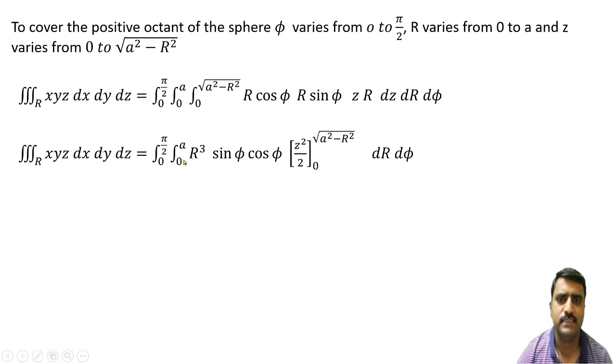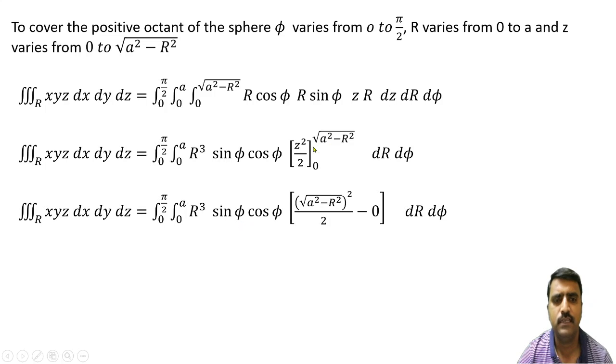Next step, you have to evaluate this integral: 0 to pi by 2, 0 to a, r into r is r cube sin phi cos phi. First integration is with respect to z. Integration of z is z square by 2 with the limit 0 to root of a square minus r square, into dr d phi. Substitute the limits here: root of a square minus r square whole square by 2 minus, put z as 0 here, into dr d phi.